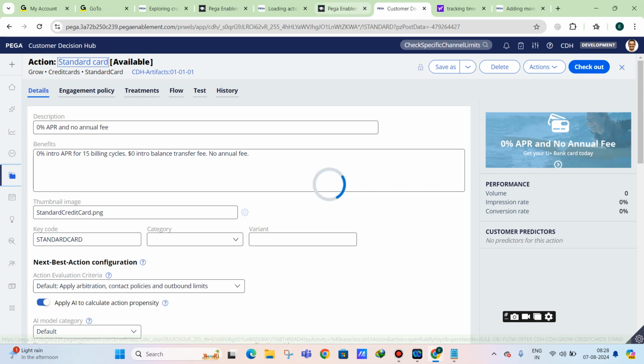You can check the strategy to see at which place it is getting called. Pre-processing is before all these things: before constraints, before contact policies, before treatments are executed. Post-processing is after all these things. So pre-processing will be before this.